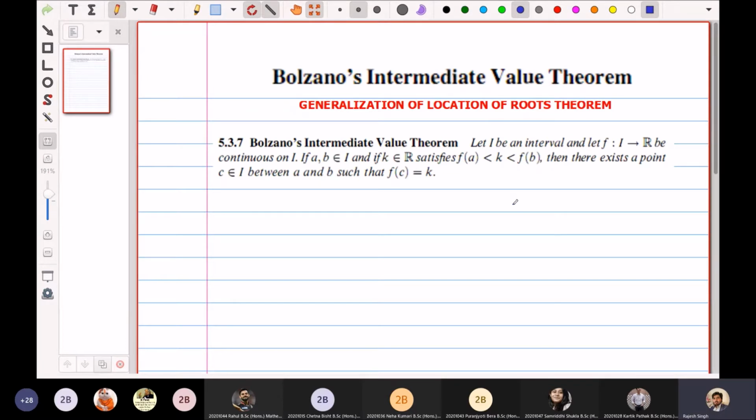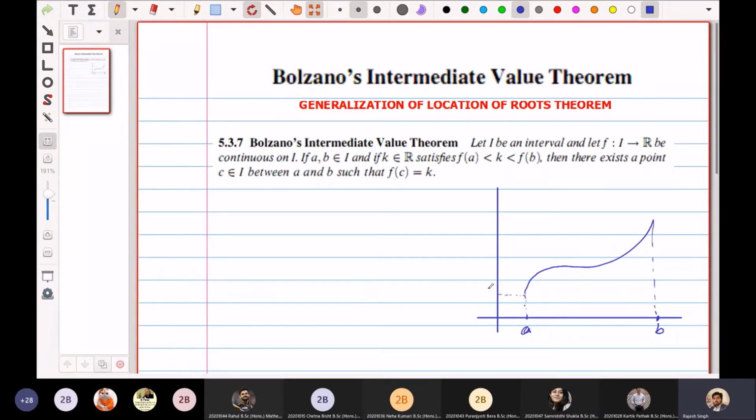If you want to see it geometrically, let us draw and see what it means. Suppose I have this function. This is your a, and this one is your b.